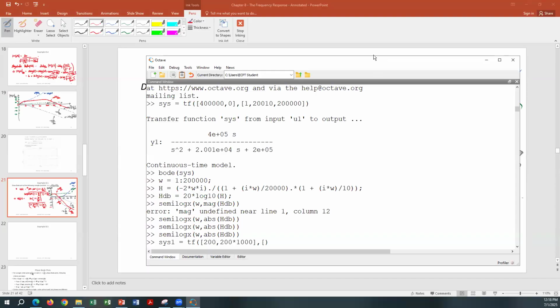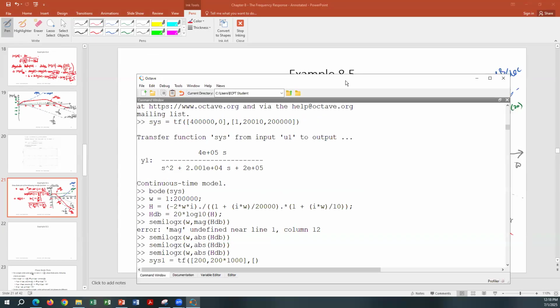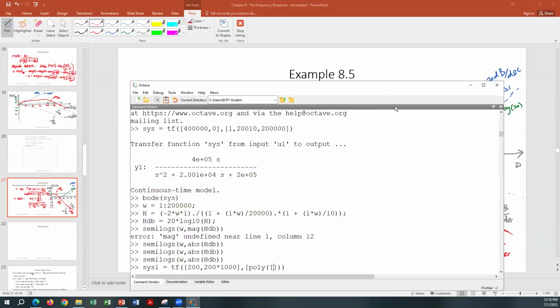And the denominator, I'm just going to use the poly function. I have 3 roots: negative 10, negative 10, and negative 100.